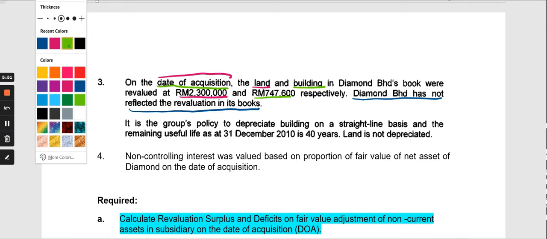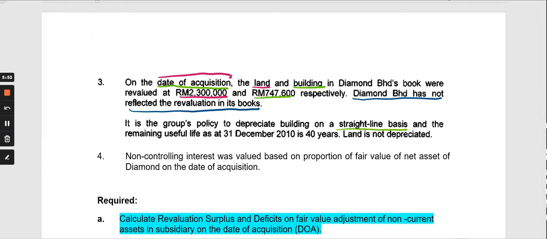You are informed it is on a straight line basis, and the remaining useful life given to you was 40 years, as at 31st of December 2010, which is the reporting date, or the date you are going to prepare your consolidated statement of financial position.